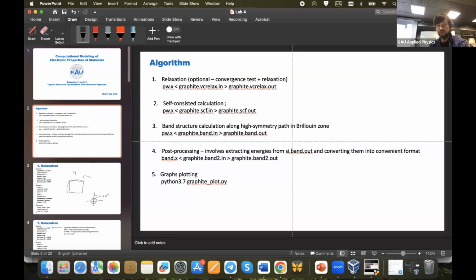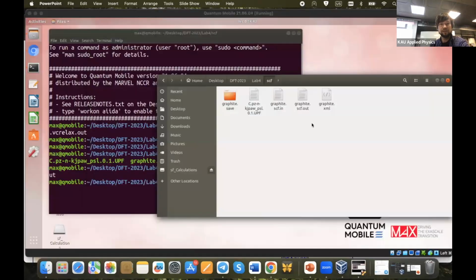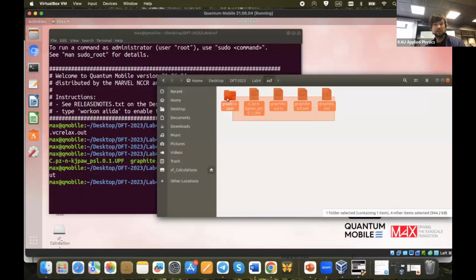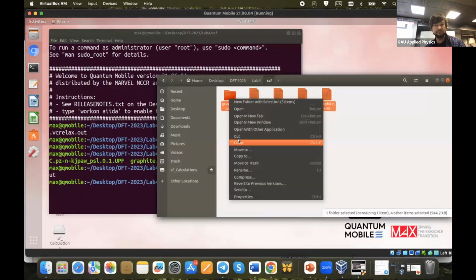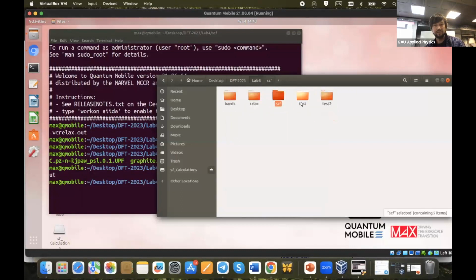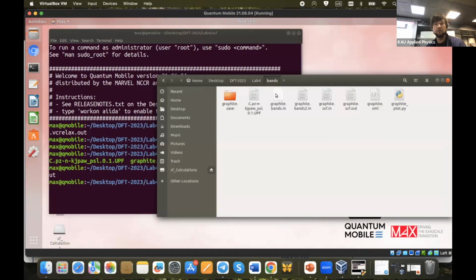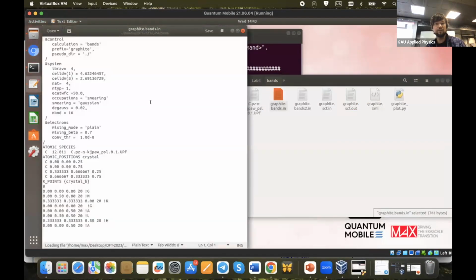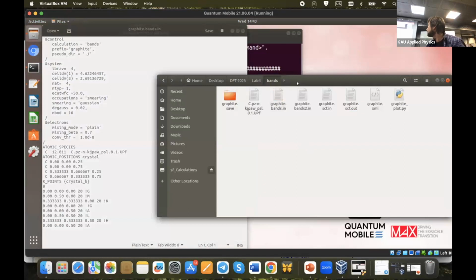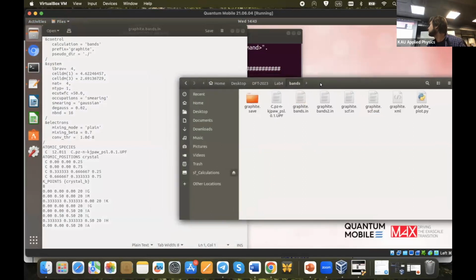Now we should copy all output files from the self-consistent calculation folder to the band structure folder, and I just copy it to bands. No, we should do something with this file. It was filled, so it was not empty, this file.